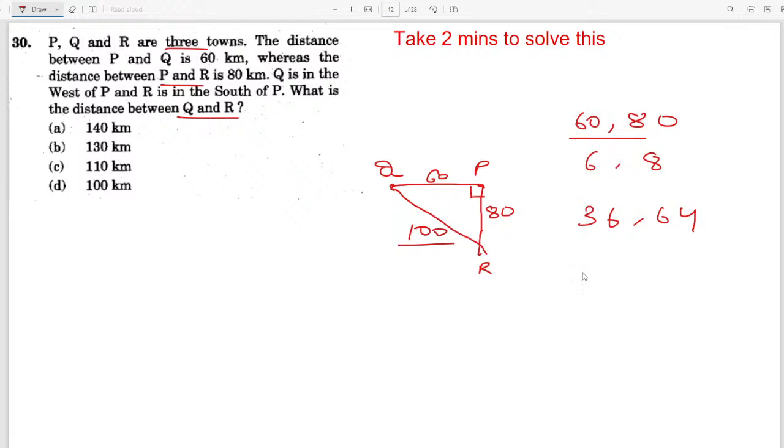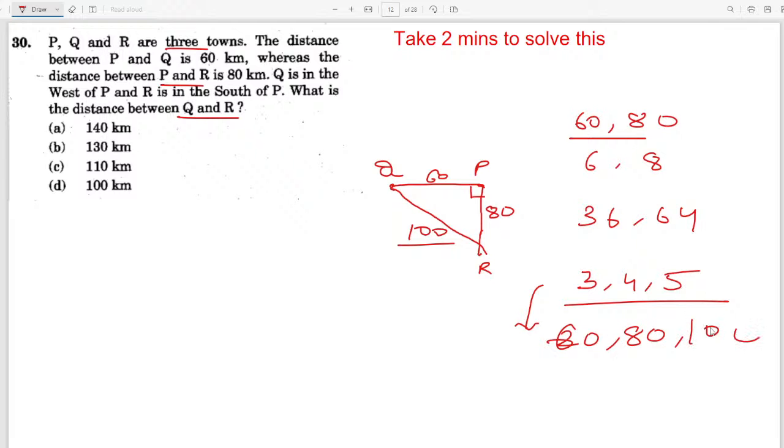This is a 3, 4, 5 Pythagorean triplet, but they have multiplied by 20 here. If you multiply this by 20, this is 60, 80, and 5 into 20 is 100. It is a 60, 80, 100 right angle triangle. The correct answer is option D.